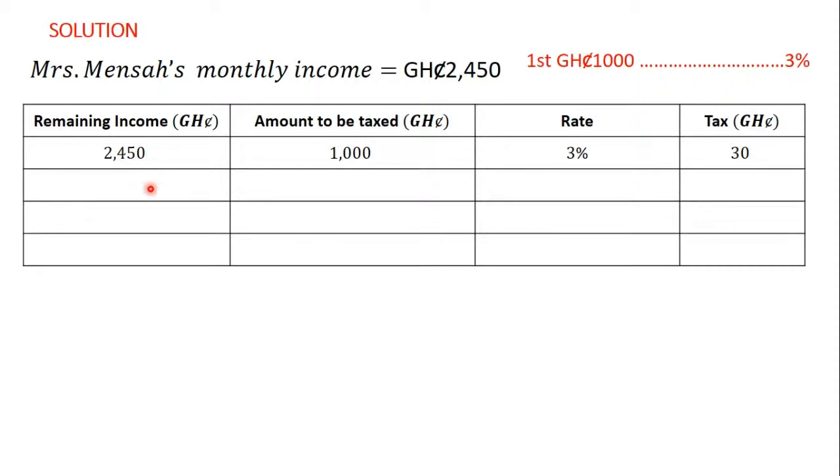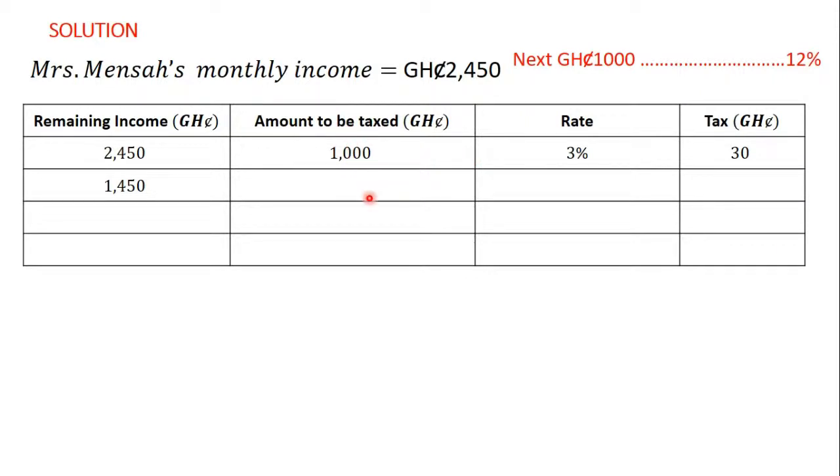Now, let's move on to the second group. But we will need to find the amount remaining or the remaining income. So we subtract 1,000 Ghana cedis from 2,450 Ghana cedis, and that will give us 1,450 Ghana cedis. From the table, the second group is the next 1,000 Ghana cedis, and the rate of tax is 12%.